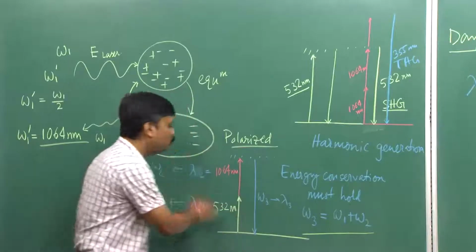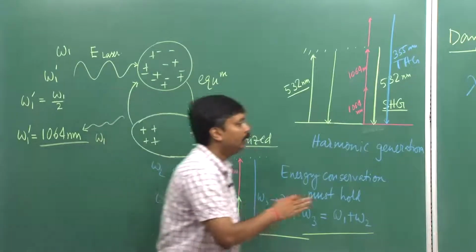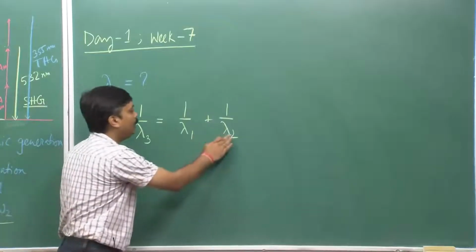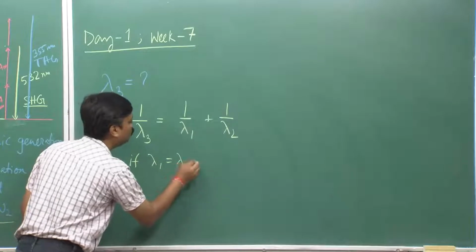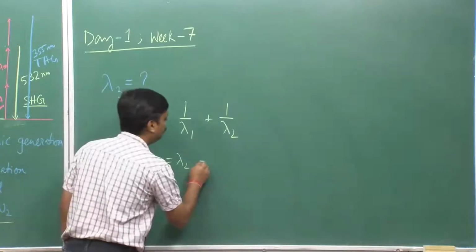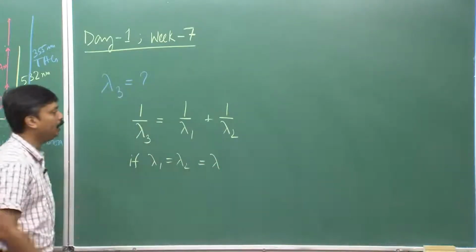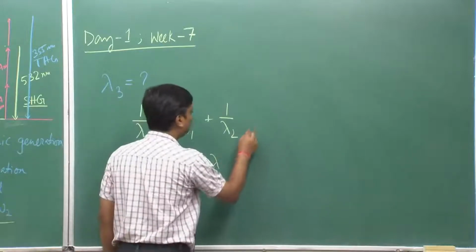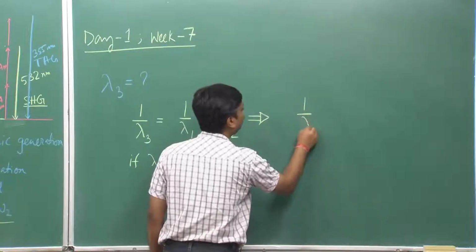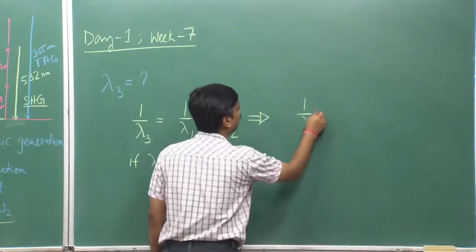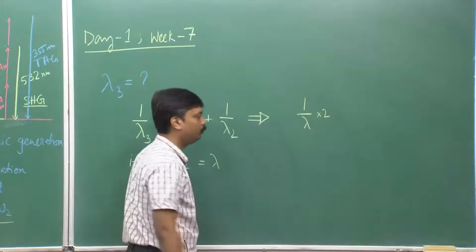I am talking about 2 different frequencies. If lambda 1 equals lambda 2 equals, say, some lambda, then what will be the process? Then this process will lead to 1 by lambda into 2, right.